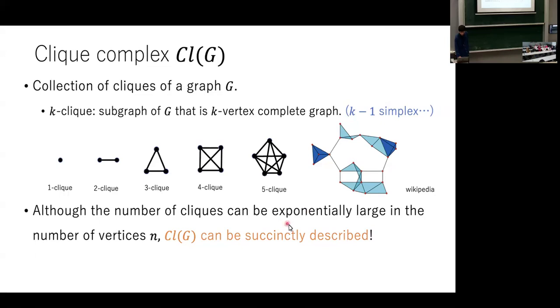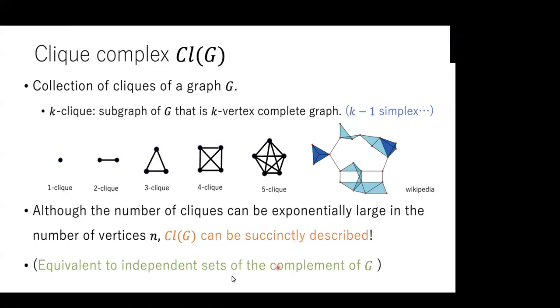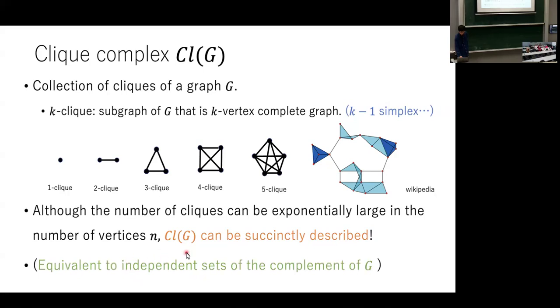This is a very nice property, which makes the clique complex practically relevant. And if you know about independent sets of a graph, the clique complex can also be thought of as the independent sets of the complement of the graph.